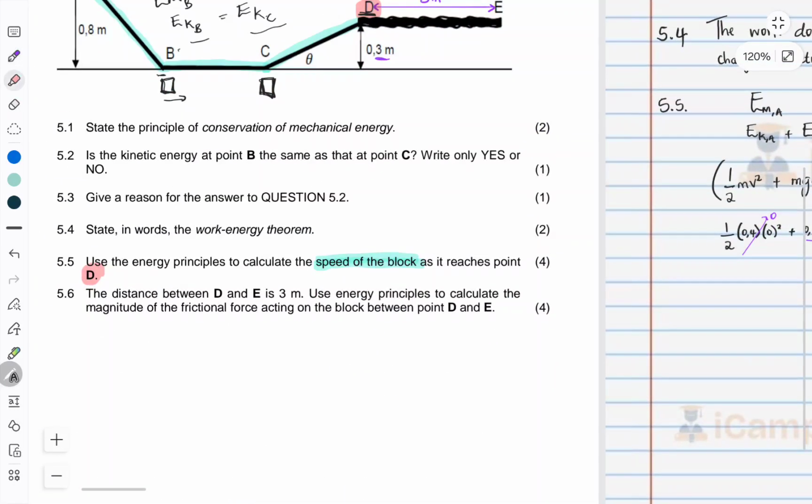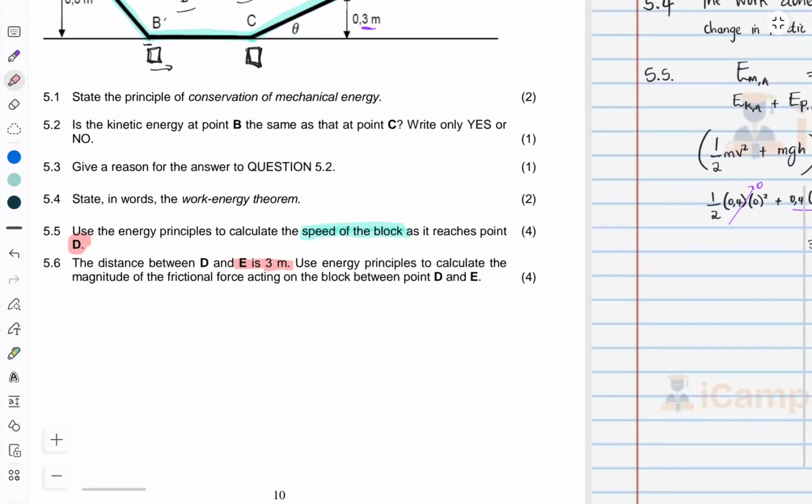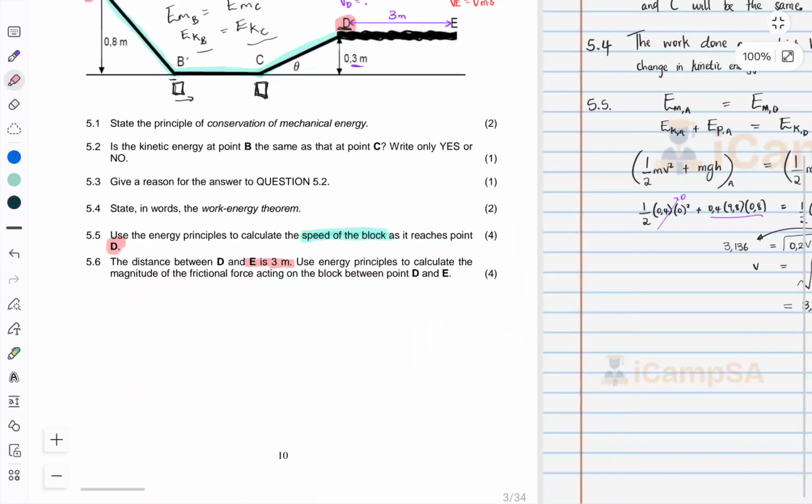Use energy principles to calculate the magnitude of the frictional force acting on the block between point D and E. So once obviously there's a force involved, you have to use the work energy theorem if they tell you to use energy principles.